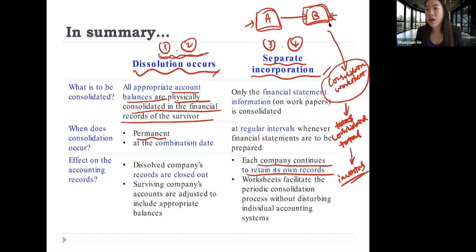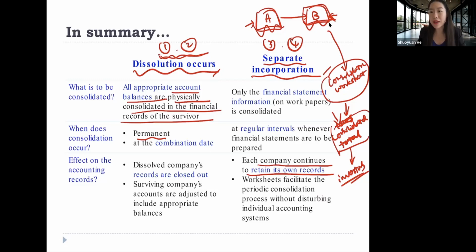So if you go pull out whatever firm's 10K report, you're going to see that their financial statements are most likely a consolidated balance sheet and consolidated income statement. And those numbers on the consolidated balance sheet and income statement are the result of consolidation of both firm A and firm B's books. But A and B are just keeping their original books.